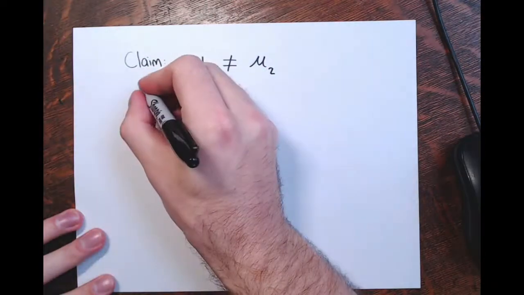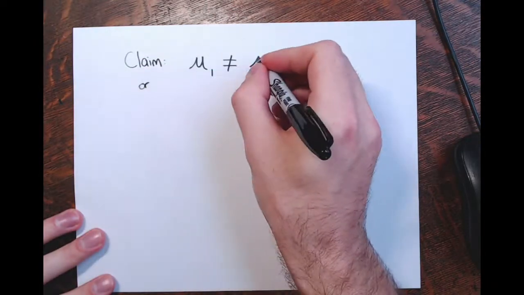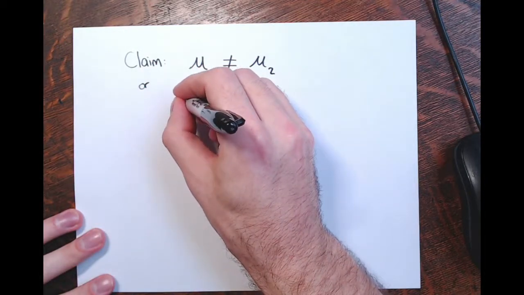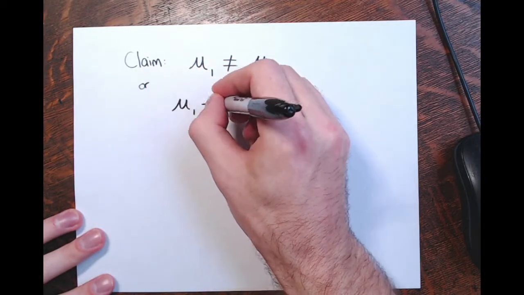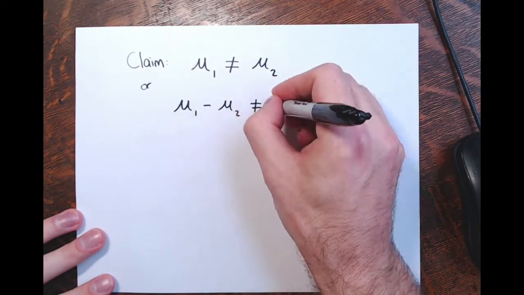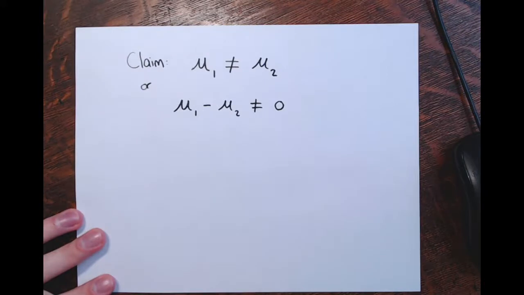Now, an alternative way of saying this is just to subtract mu2 from both sides. Another way to say this is that mu1 minus mu2 must not be equal to 0. So a claim is formed, something that's being investigated, something that's believed.